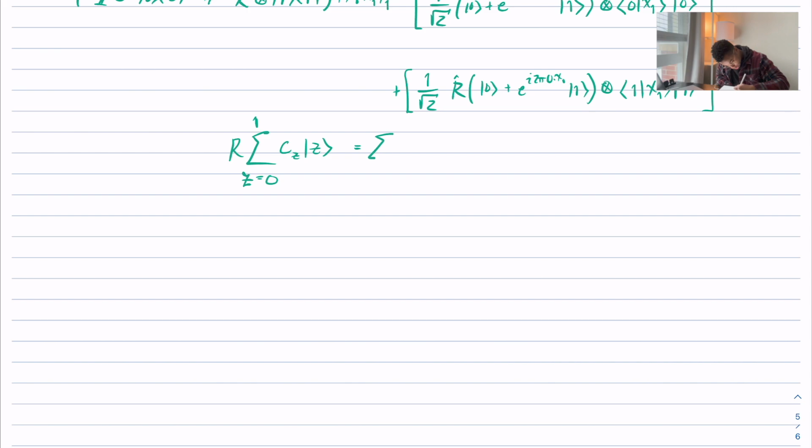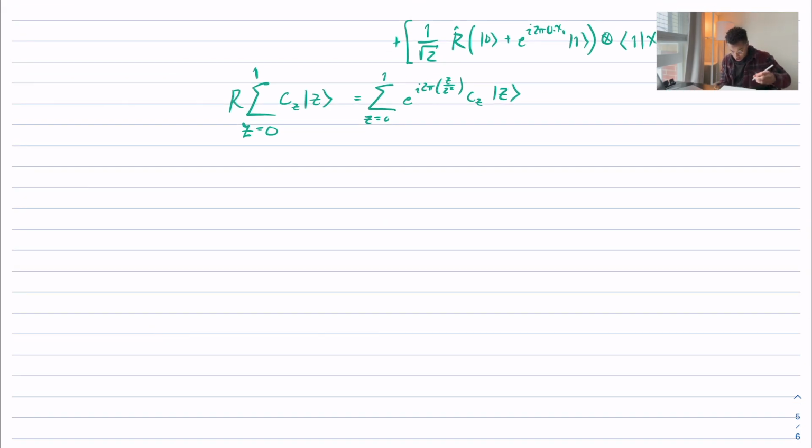What ends up happening is that we'll get a summation of e to the i2π z over 2 squared times c_z z. So now if we work this out for the 0th term, so let's say z is equal to 0, then the z in this exponent turns to 0, and then this whole exponent is 1, and then you're left with the coefficient c_z, which in this case is also 1. So then we get 0.